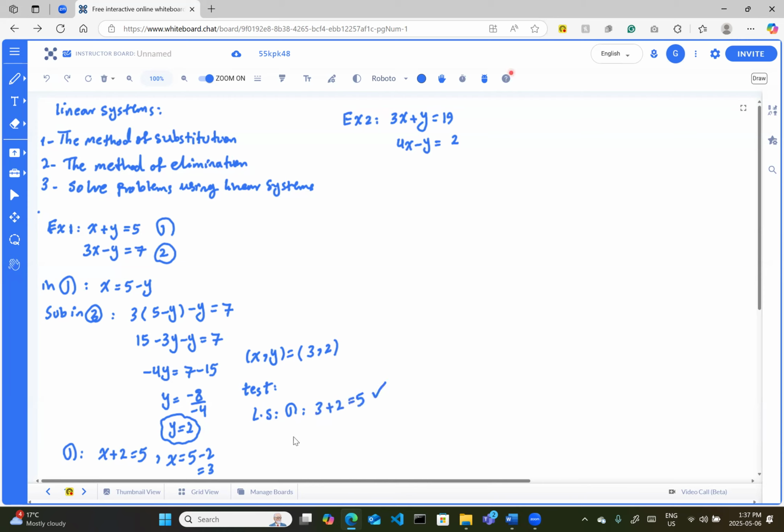So it is satisfied in the first equation. Now we try the second equation as well. So 3 times 3 and then minus 2. We need to make sure that it is equal to 7, the right side. So 9 minus 2 will be 7. So the second equation is also working. So we prove that the left side equals the right side, which means this is the final answer of this system.